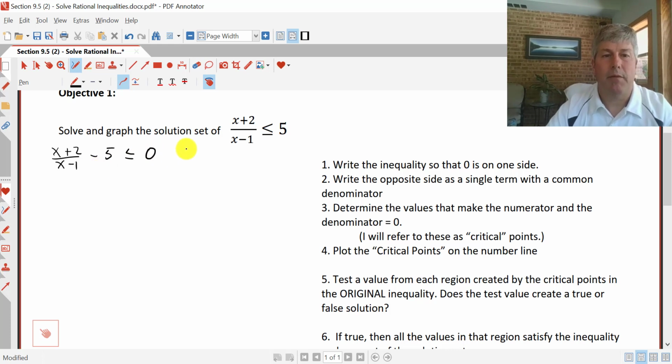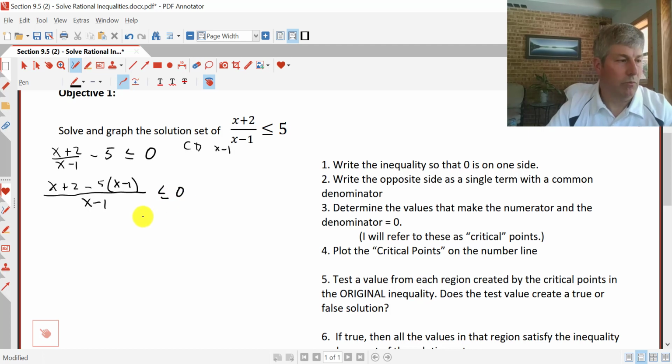Now we need a common denominator. Our common denominator is x - 1, so we have to multiply the top and bottom of the -5 by x - 1, so we're left with x + 2 minus 5 times (x - 1), all over our common denominator of x - 1, is less than or equal to 0.